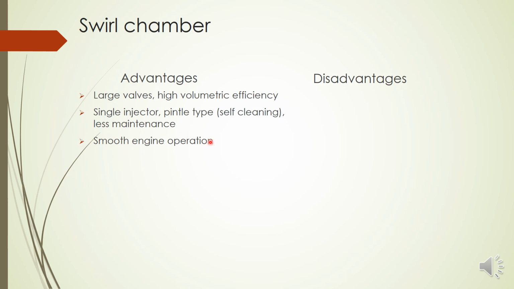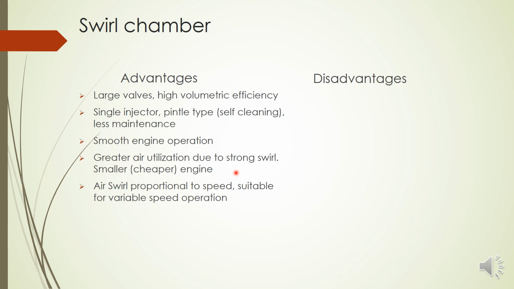We have more smooth engine operation and greater air utilization due to strong swirl. So we are generating a strong intensity swirl. So the air utilization is high and a smaller engine can be used compared to the open type combustion chambers.